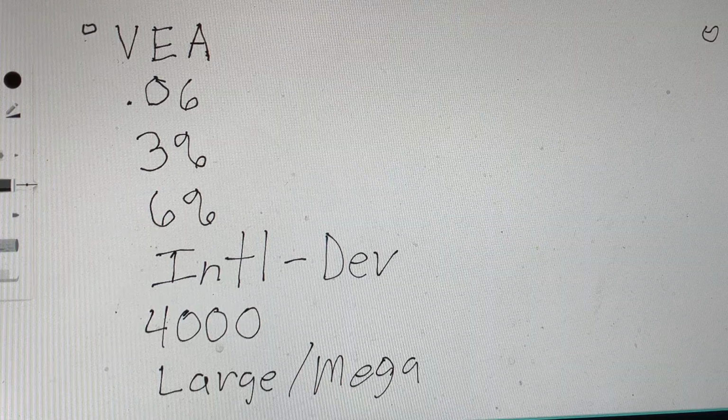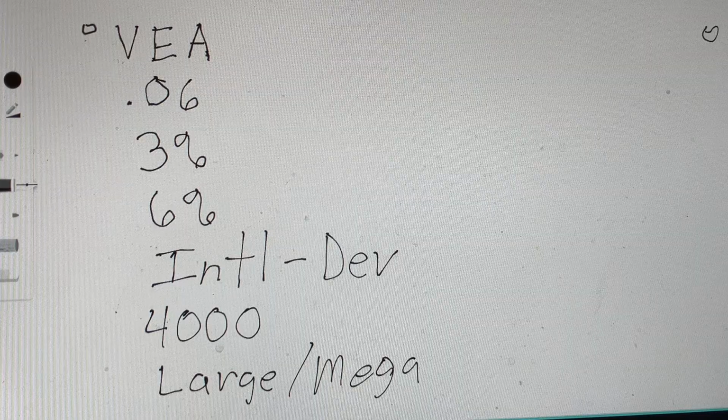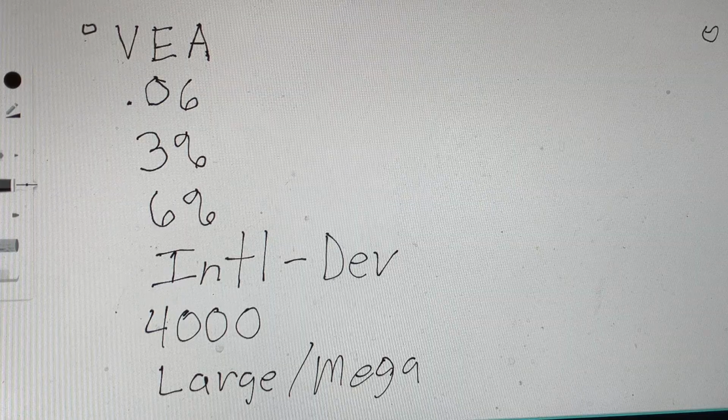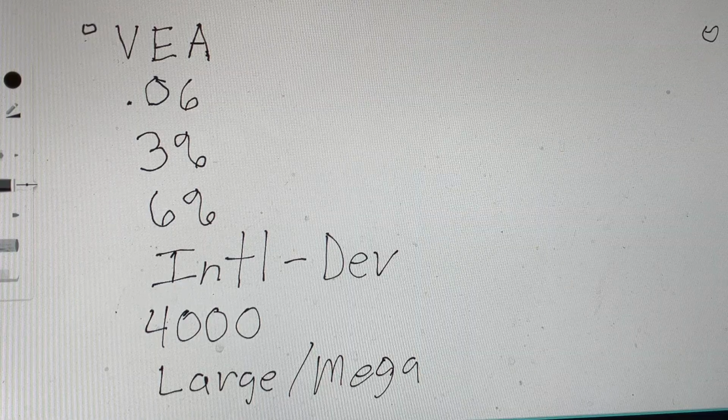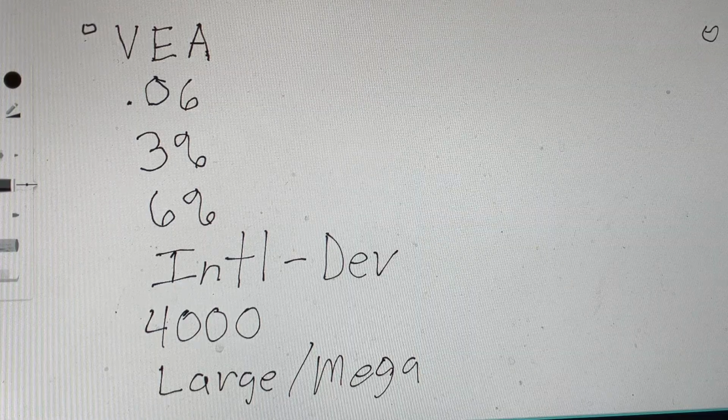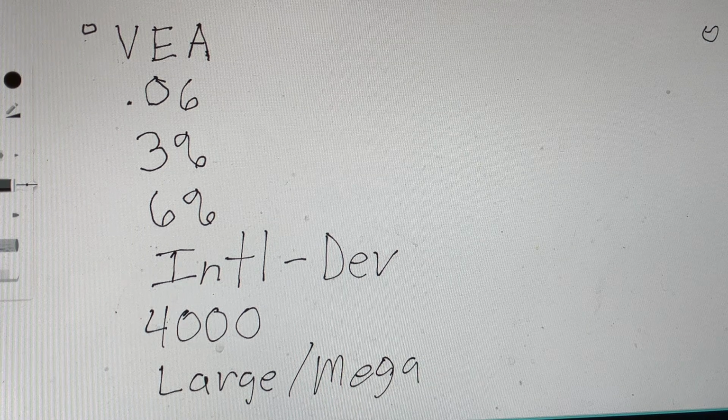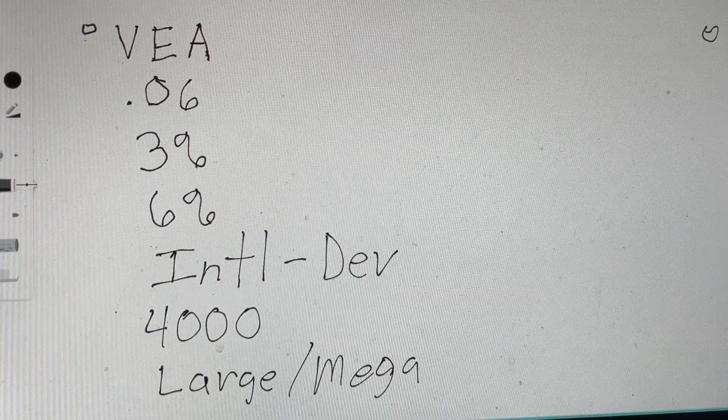It's not a growth fund. It's not a super growth fund, but it's not also a super value fund, or value stocks are usually going to be higher dividend. So some people will use the terms interchangeably. So large cap blend is what VEA will be.